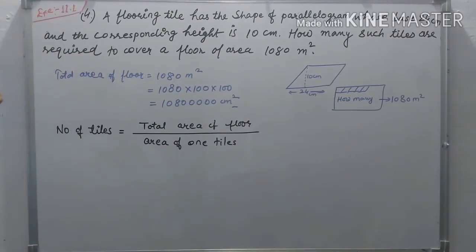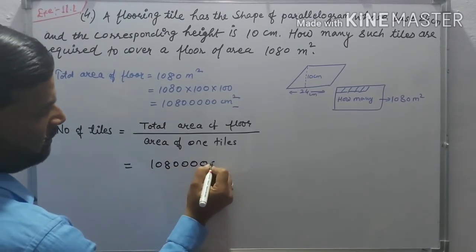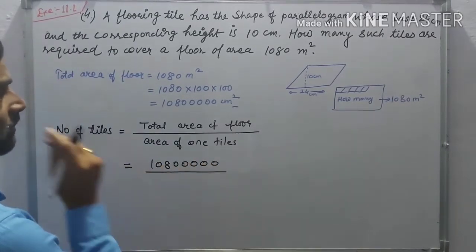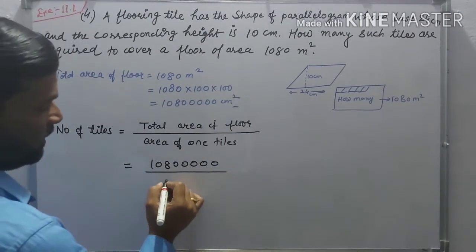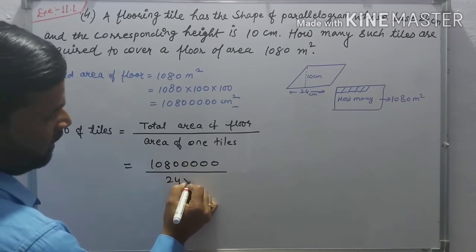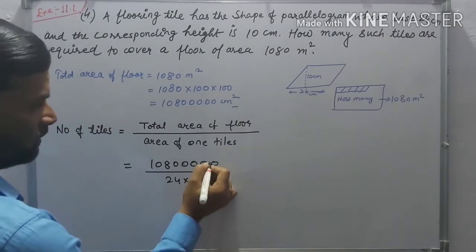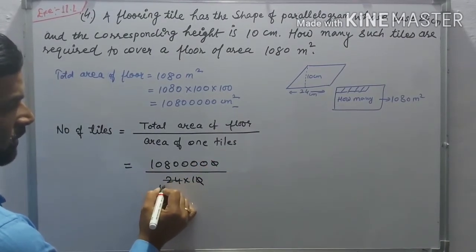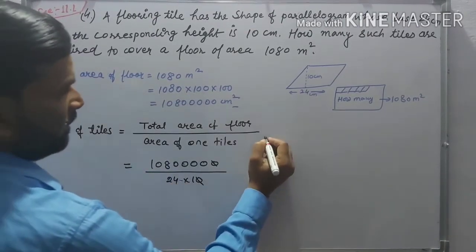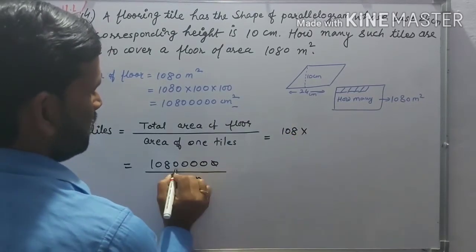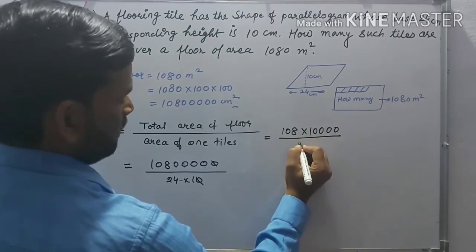Okay, now total area is 1080 and 0000 upon the area of the tile. The area of the tile, a parallelogram, is length into breadth, meaning 24 into 10. The zeros cancel. Because the number is very big, simply write 108 into 1 2 3 4 upon 24.